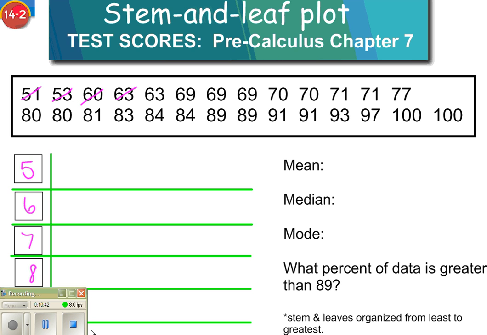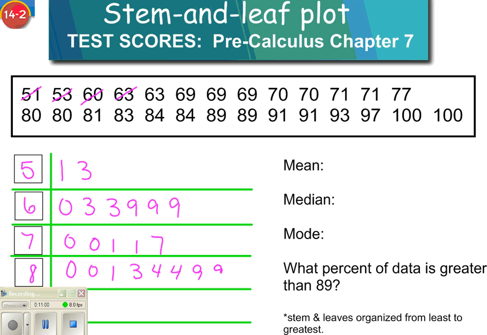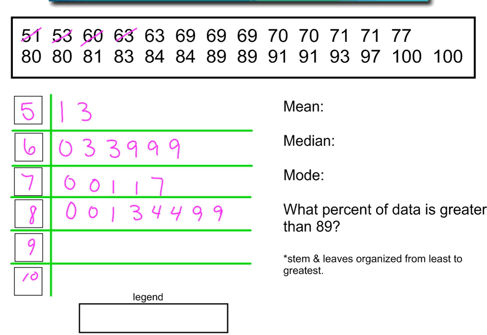All right, let's walk through this. 51, 53, 60, 63, 63, 69, 69, 69, 70, 70, 71, 71, 77, 80, 80, 81, 83, 84, 84, 89, 89, 91, 91, 93, 97, and then 100.